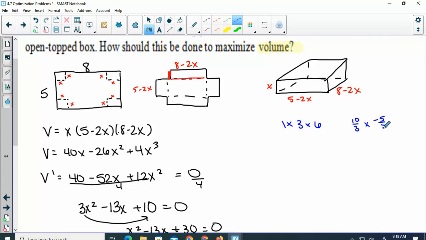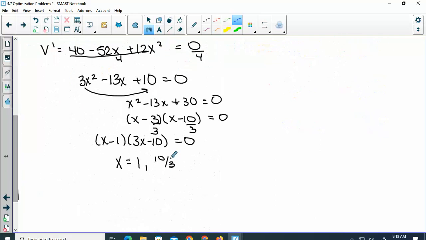Is that possible? No, we can't have a box with a negative side length. So the 10/3 is too big. That's like 3 1/3. If your side is only 5 long, you can't cut 3 off each end.